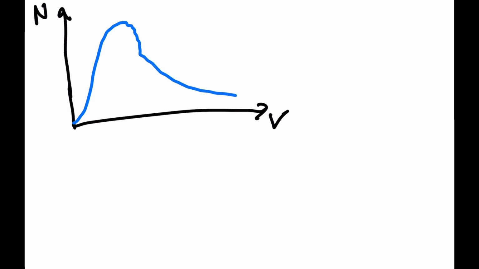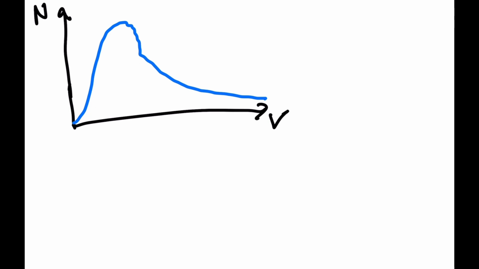Let's start with the distribution of particles, n number of particles, and particle speed v. When you have a substance with different particles with different speeds, you have a distribution like this. Let's draw two distributions.